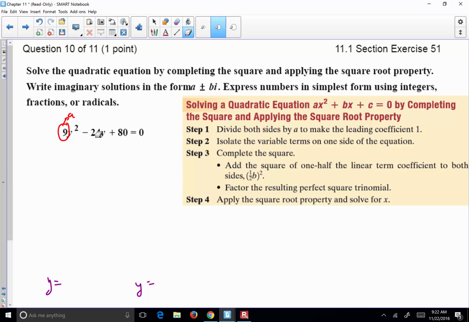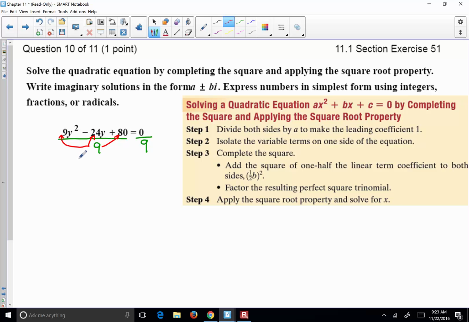Alright, now this one has a number A in front. We need to do step 1 first, which says divide both sides by A, which is 9. So this 9 will divide the first number, middle number, and the third number on the left.